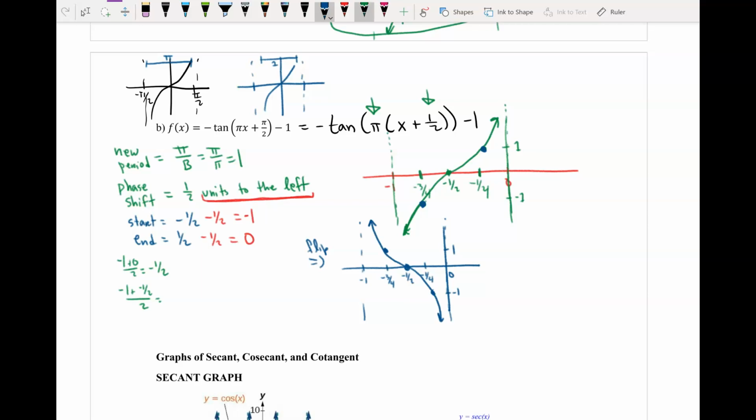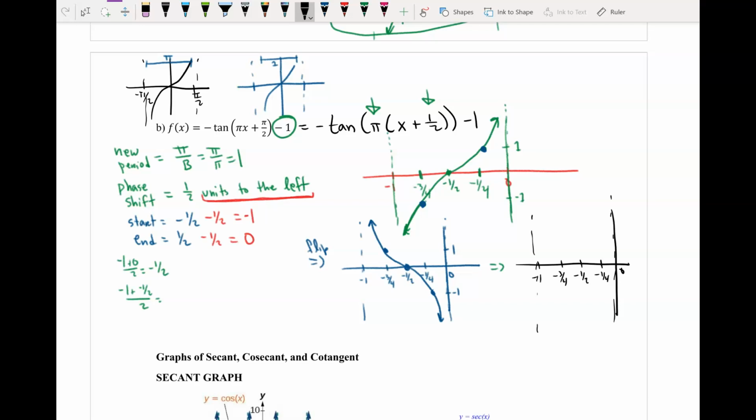And now finally what we're going to do is bring it down 1. So that's where that negative comes from. So 0, negative 1/4, negative 1/2, negative 3/4, negative 1, asymptote here, asymptote here.